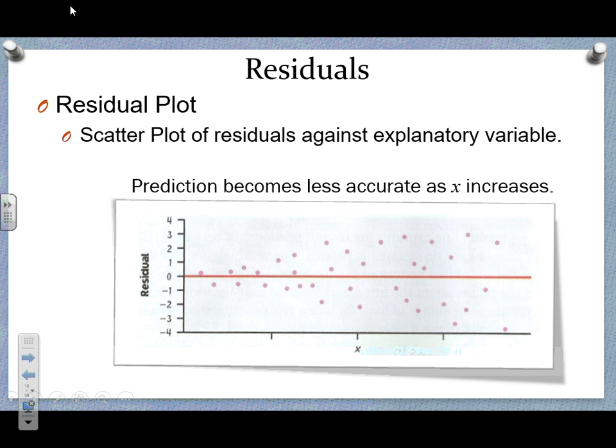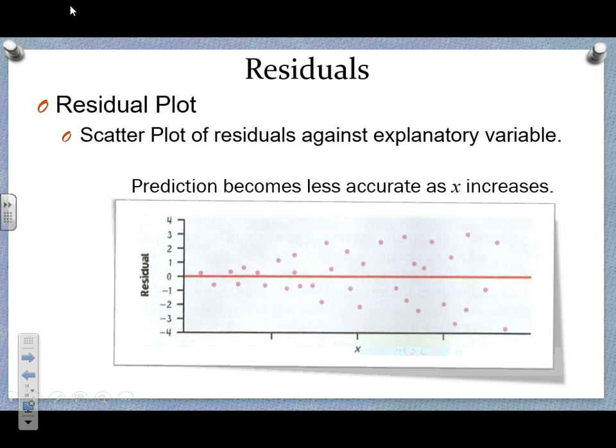No. So there's no curve that appears, which means we can use a linear model. But notice, while the points are really close to the line to start off with, what's happening as x increases? Yeah, they're starting to spread out more and more. So when something like this is happening, our predictions are becoming less and less accurate as x increases.